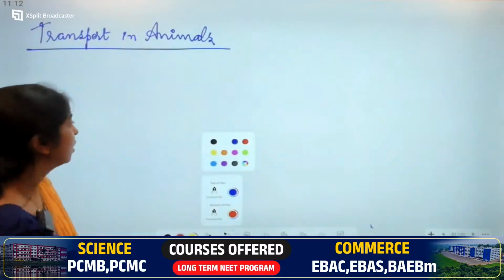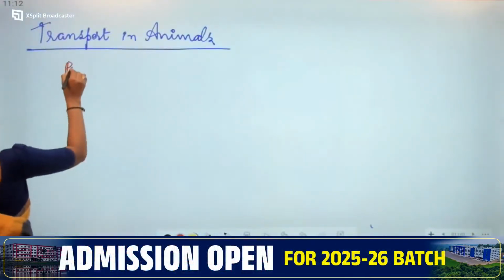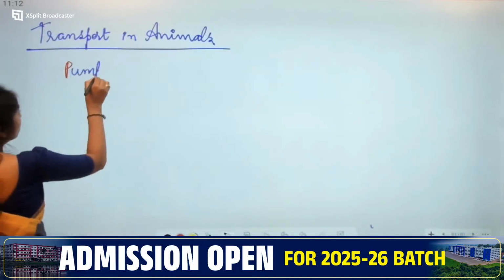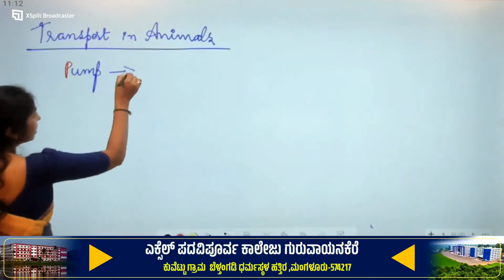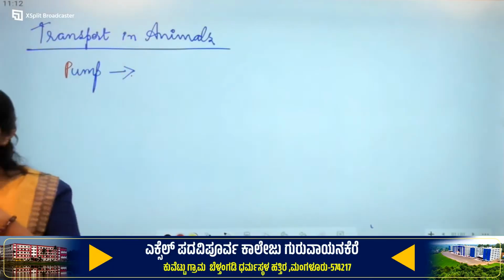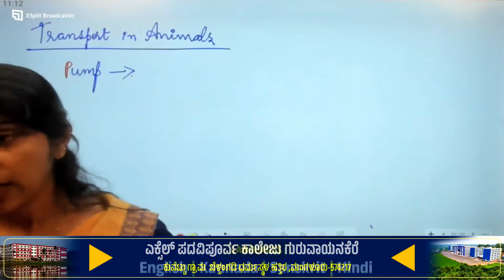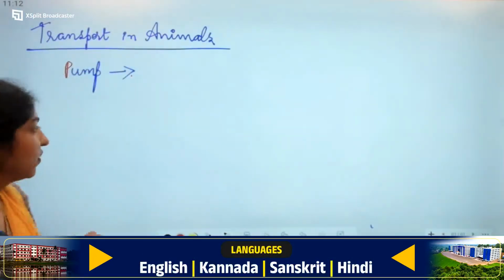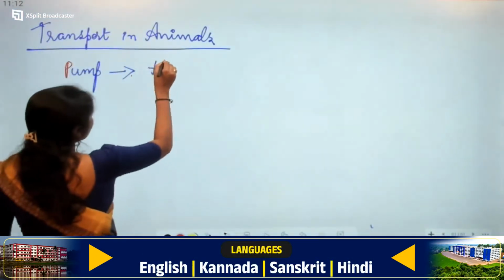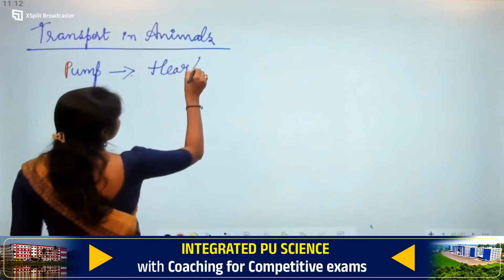Yes, heart. Who will help in pumping? The blood will be pumped, it might be oxygenated or deoxygenated blood. Who will pump the blood? Very good. The heart will pump the blood.